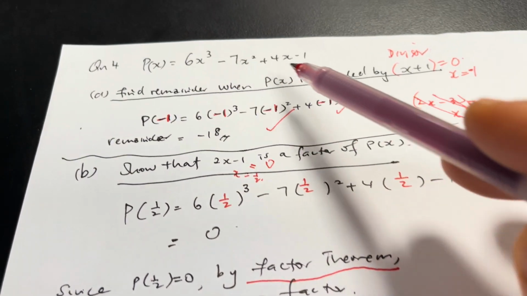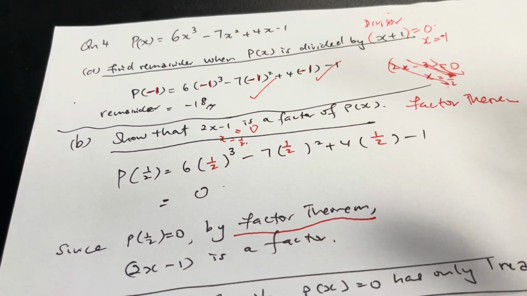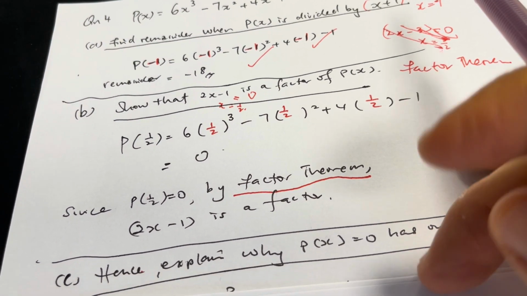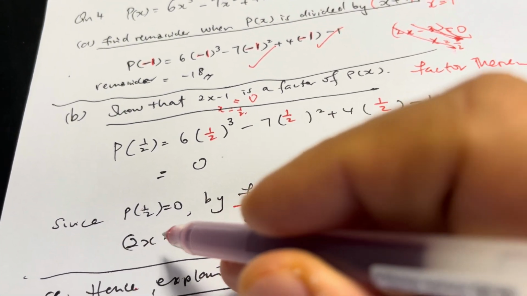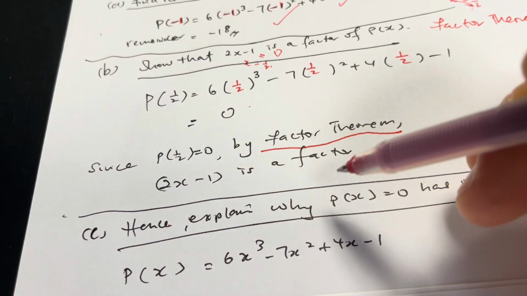And in order to solve this p(x), of course you must factorize it first, right? You can press the calculator and it will give you half as one of the answers because you found that this is a factor already. That's what they mean by hence.